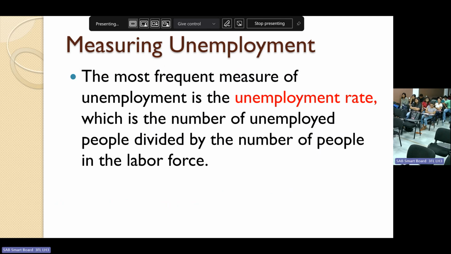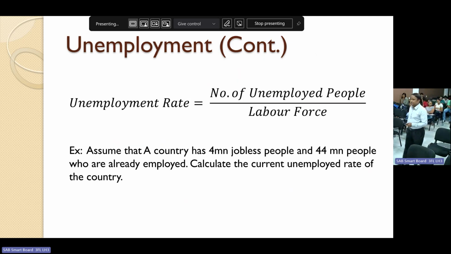We take the unemployed people as a percentage of the labor force. The labor force comprises both the employed and the unemployed. Normally, we express the number of unemployed people as a percentage of the labor force, and that we count as the unemployment rate.